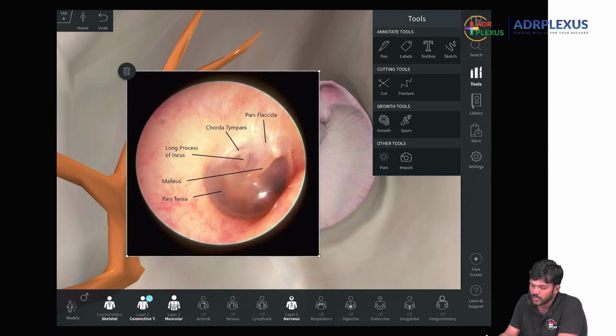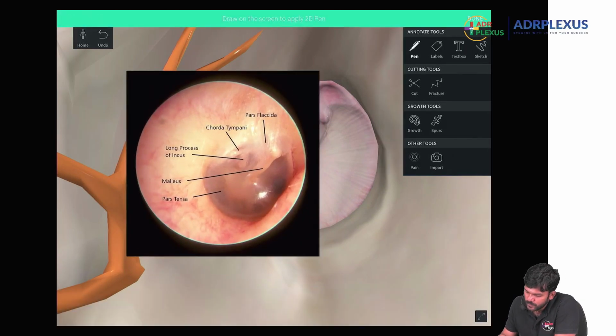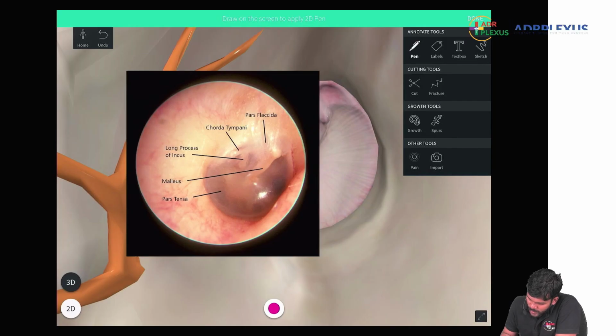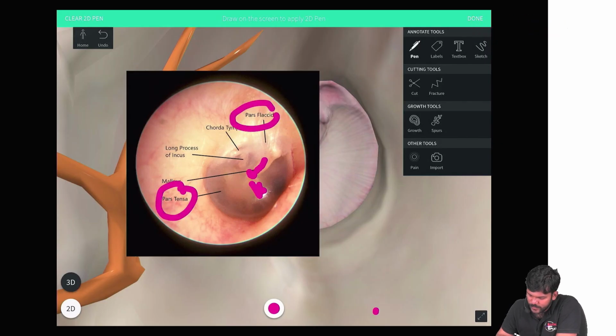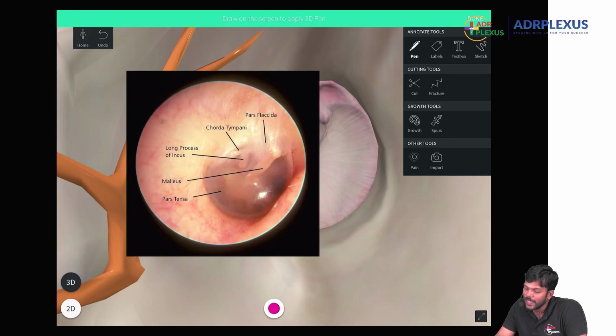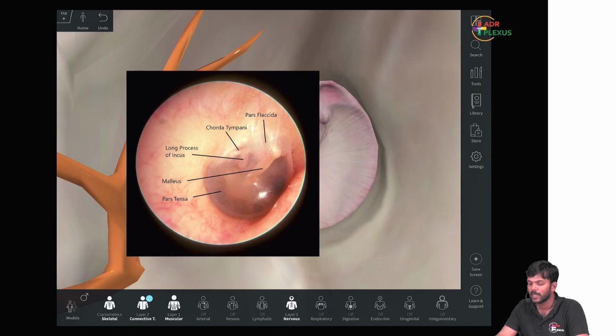This ideal tympanic membrane should have, can you see the cone of light appearance? This is the cone of light appearance. This is the handle of malleus. This is the umbo. You see the pars flaccida and you will see the pars tensa. So this is the ideal appearance of the healthy tympanic membrane. The tympanic membrane is normal.